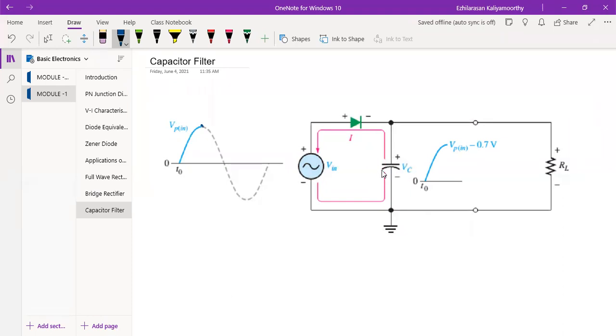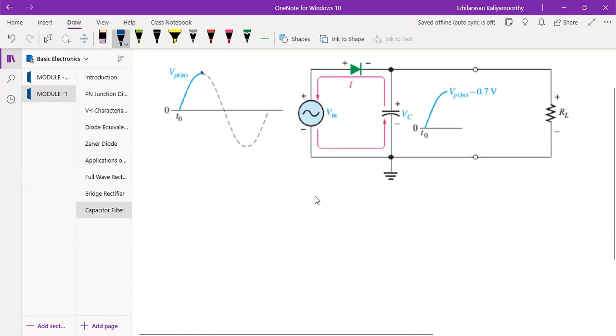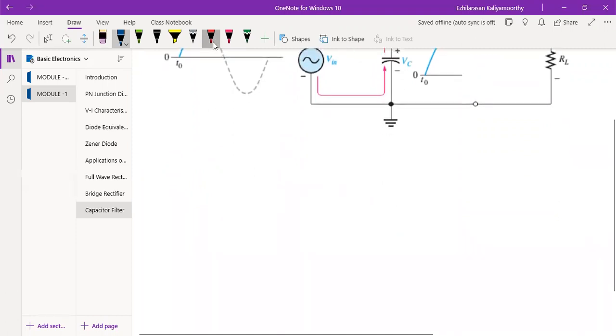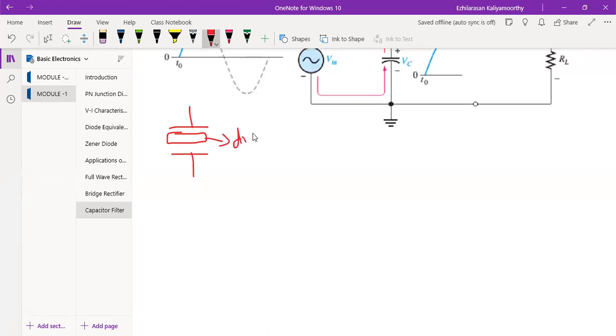As you know, what is the role of a capacitor? The capacitor will store the charge. Simply, a capacitor is two parallel plates with a dielectric medium between them.